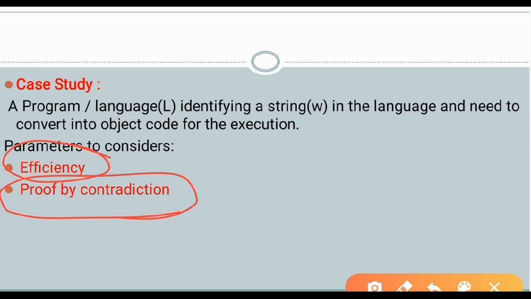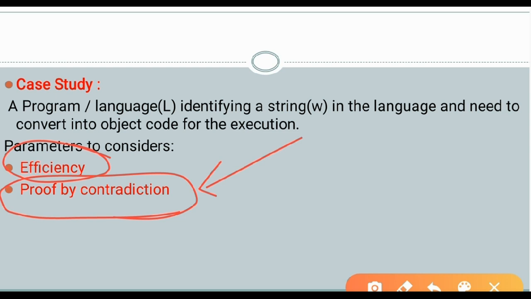There are various methods to prove things, like proof by direct, proof by indirect, contradiction, and so on. One of the best methods to prove things is proof by contradiction. So you find the various problems in the performance parameters, and then you modify the machines.